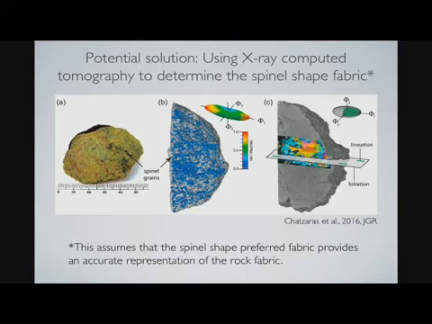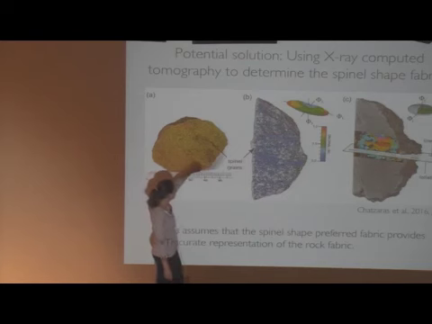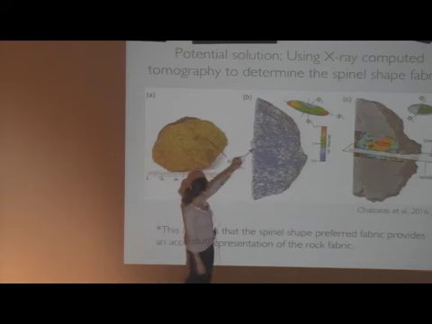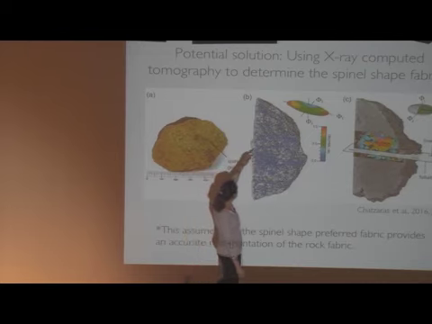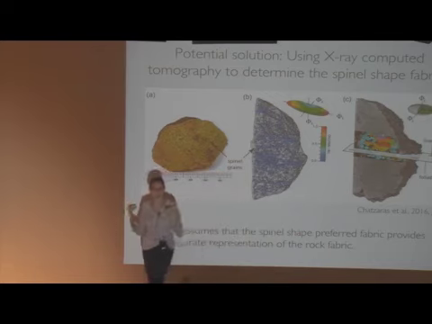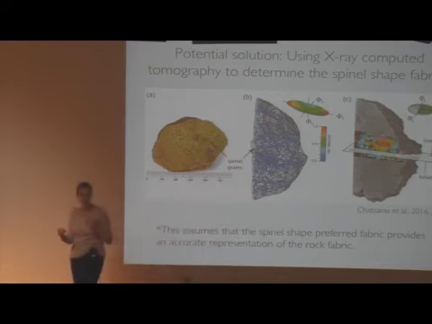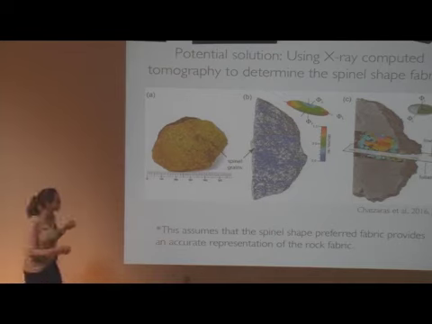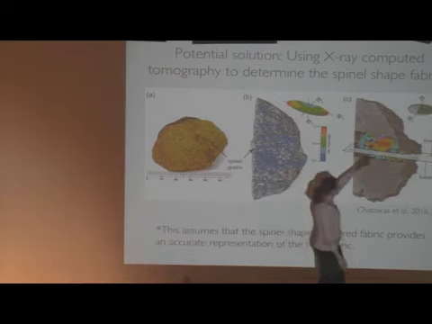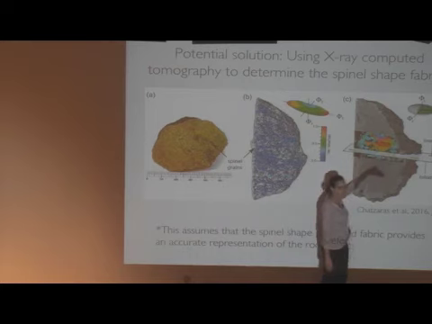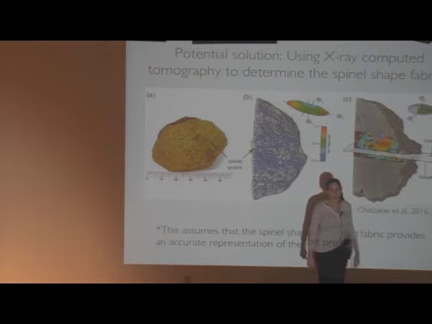What they're showing is a xenolith hand sample here, and then this is the tomographic image where the blue is not all the spinel, but enlarged ellipsoids that they assign to each spinel grain to help them identify the fabric. Using that, they determined that this would be the shear plane, and so the relevant cross-sectional plane that they need is this one, which is the face on which they cut it.